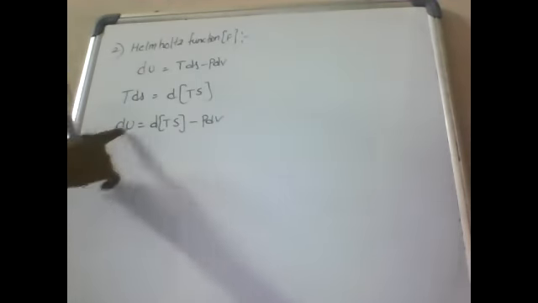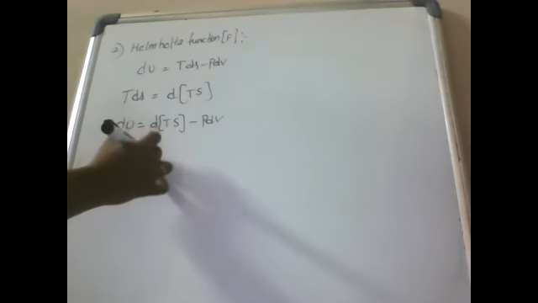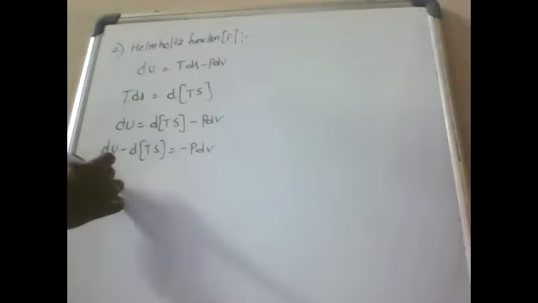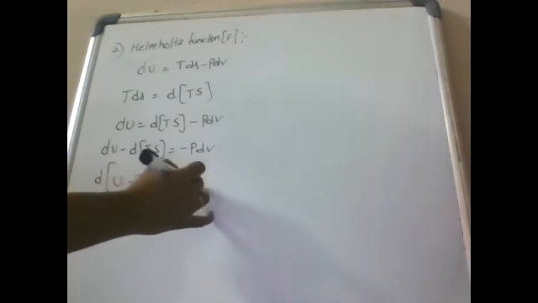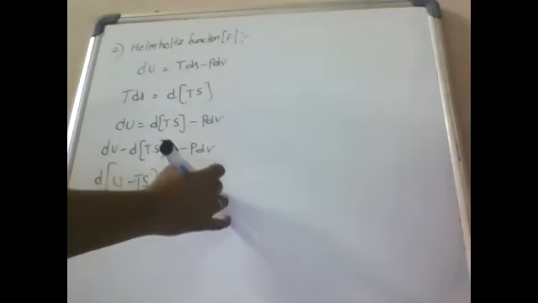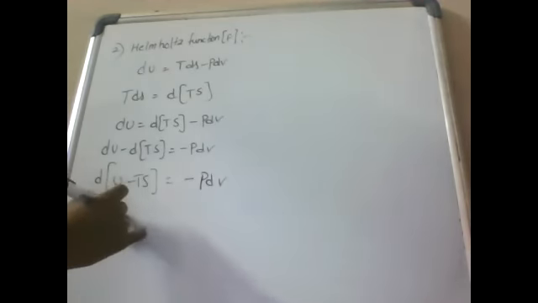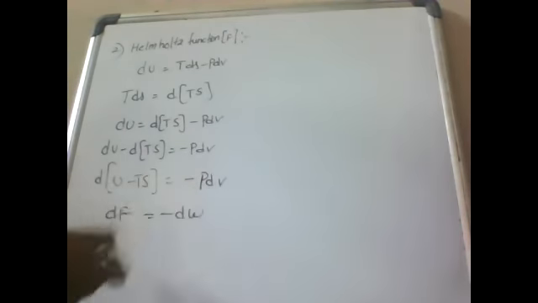Next, dU minus d(TS) equals minus P dV. So d is common, we get d(U minus TS) equals minus PdV. So here we write dF equals minus dW, since minus PdV means work done, minus dW.